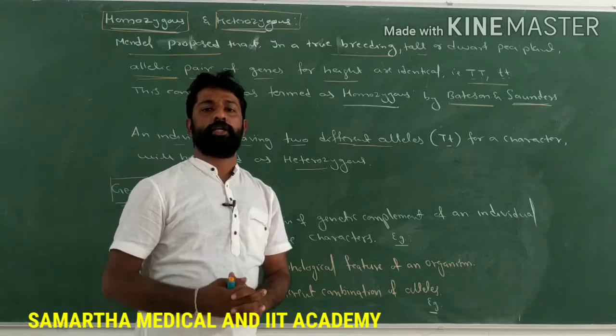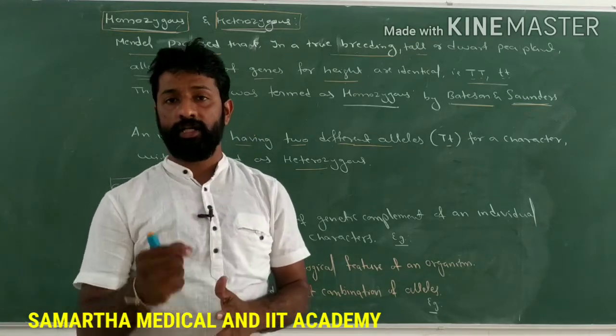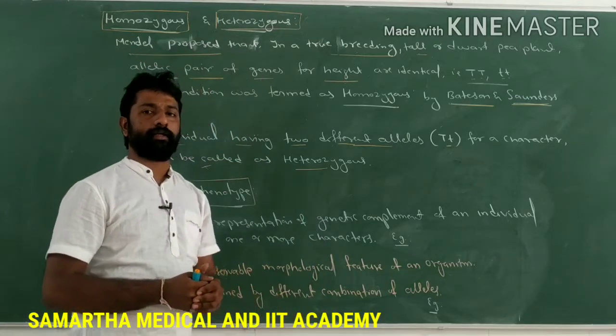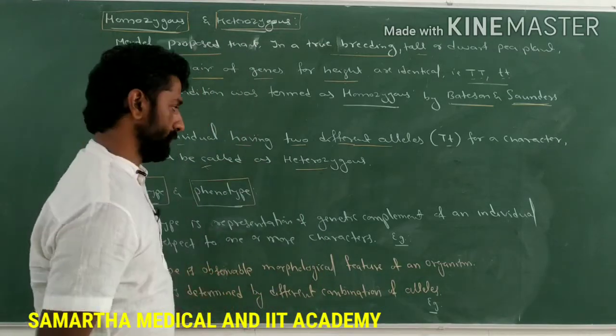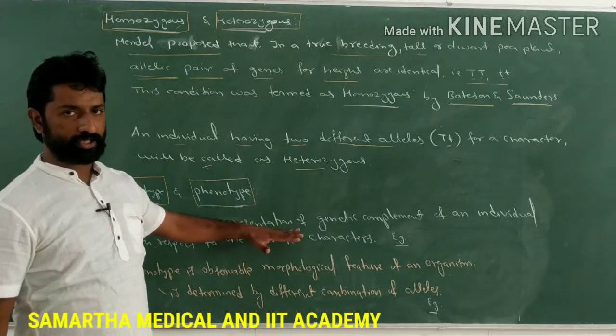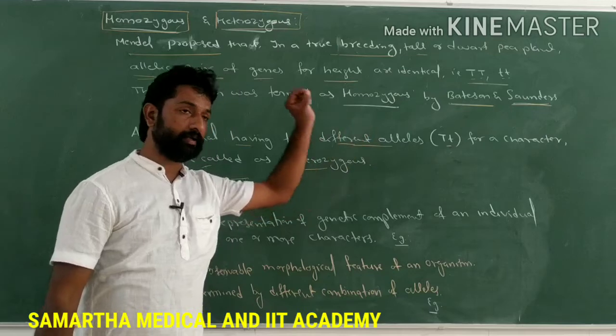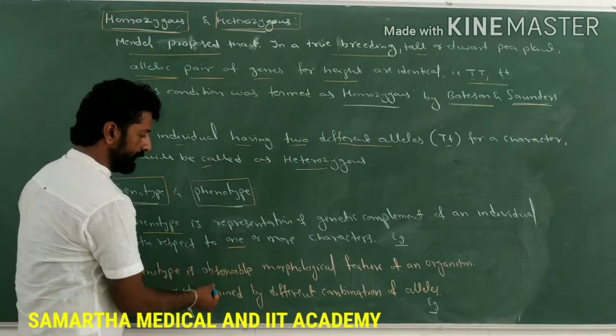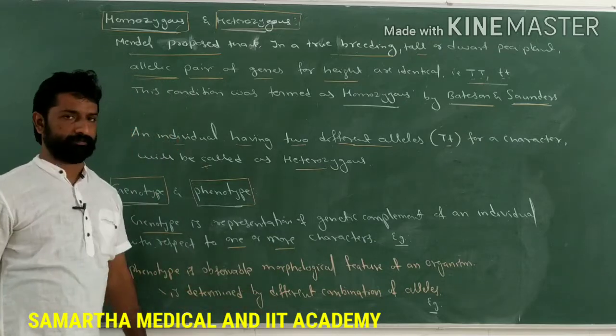That representation of a genetic complement of an organism for a particular character is called genotype. So genotype is nothing but a representation of a genetic complement of an individual organism for one or more characters.